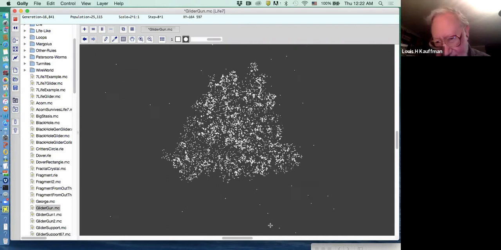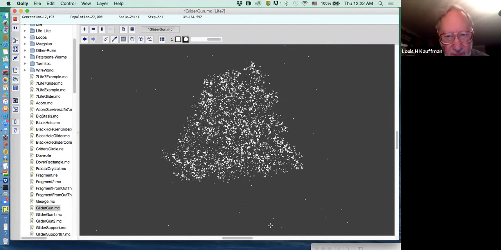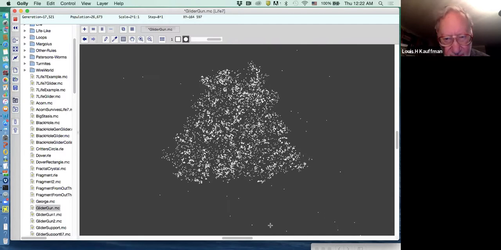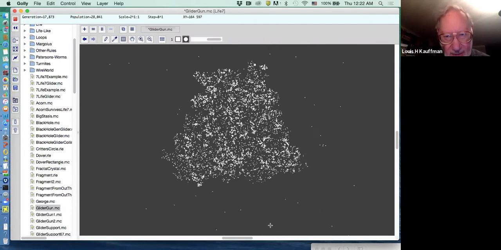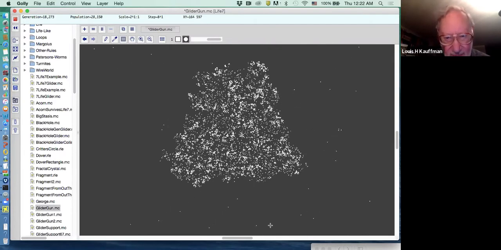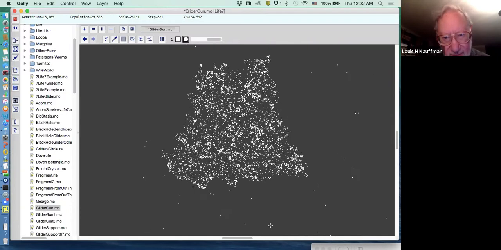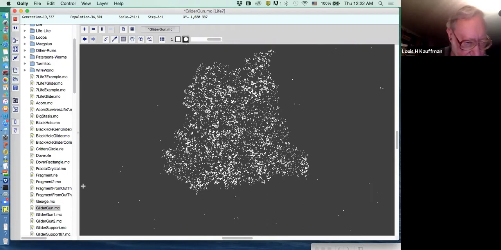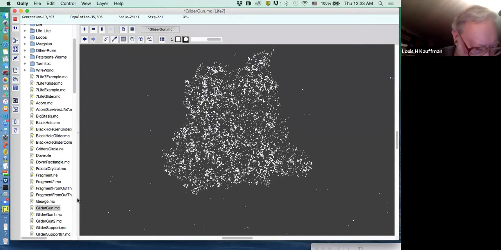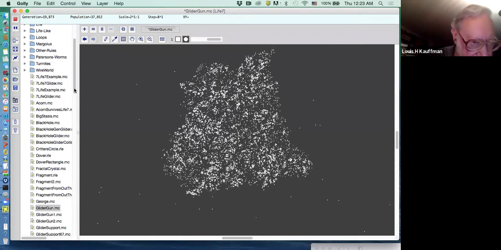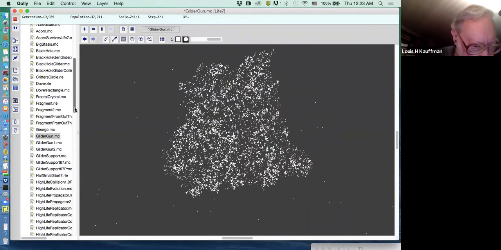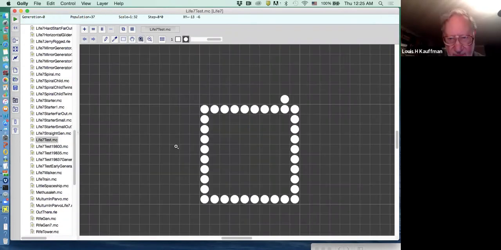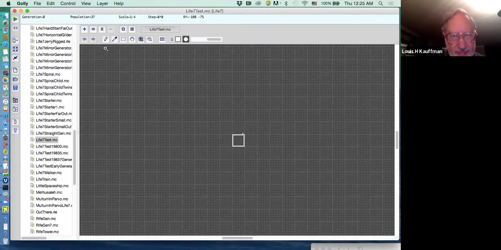And as it happens, some things will occur spontaneously that are quite interesting, as well as this active volcanic kind of oscillating mass. And I want to show you that by going to a demonstration of it. Let me see if I can find what I'm looking for. Other initial configuration.